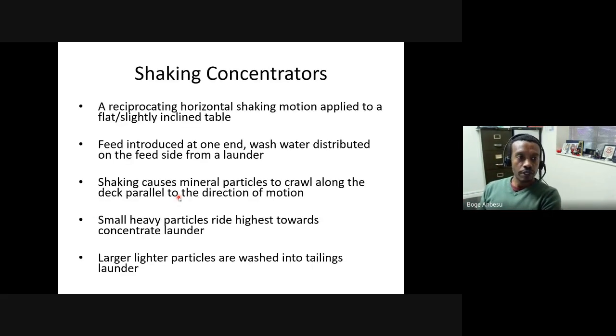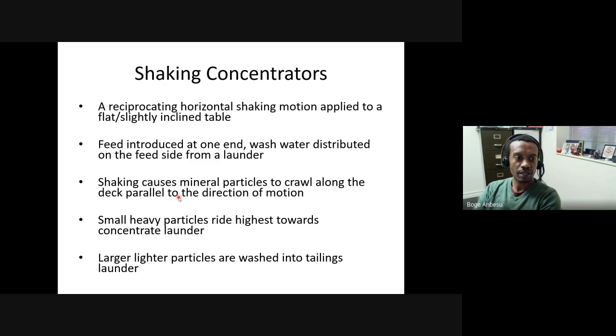So jigs, as I said, work well for fairly coarse particle sizes, and so they should be reasonably effective. But there are also other types of concentrators. For example, shaking concentrators, as probably the name implies, we apply a shaking motion or a vibrational motion to the particles.